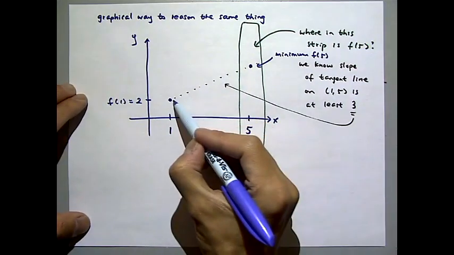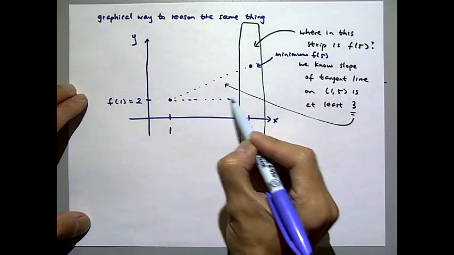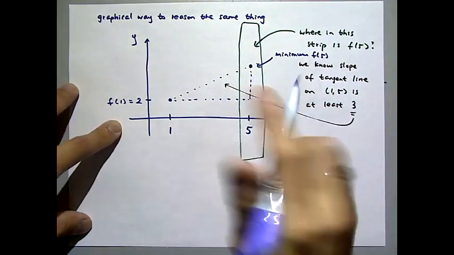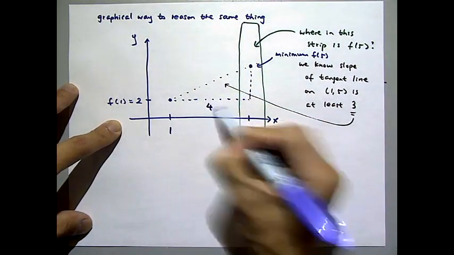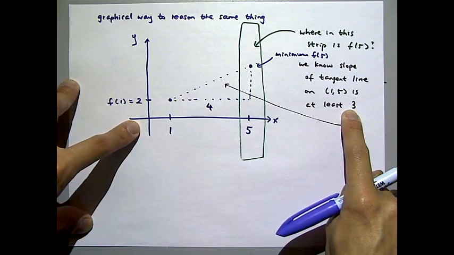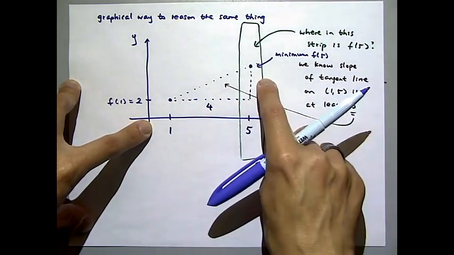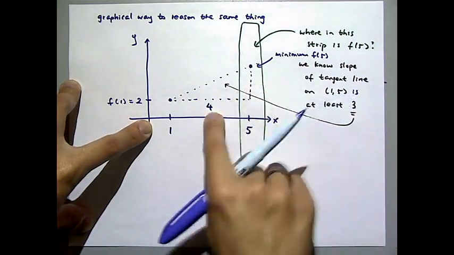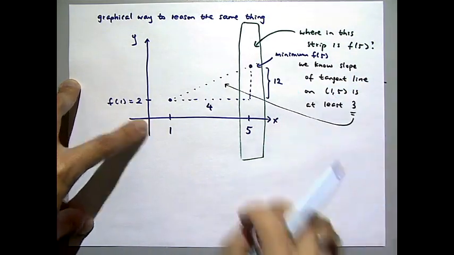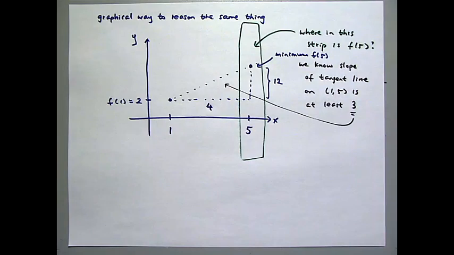So if you do a little triangle here, this is 4. If the slope is equal to 3, then slope is rise over run, right? So this must be 12. That's the only way you can get a slope of 3.